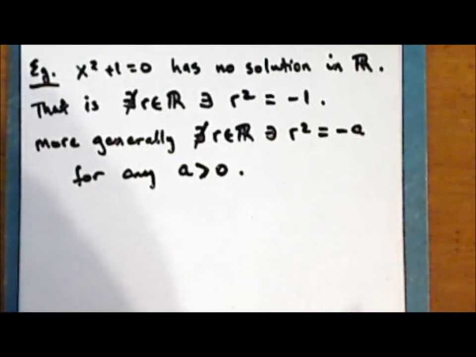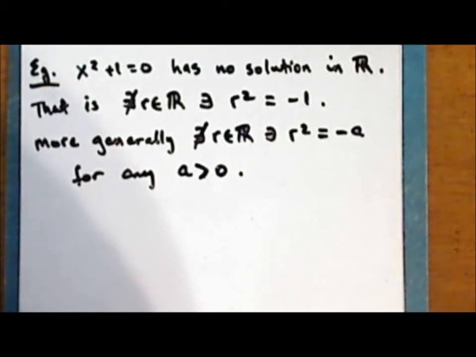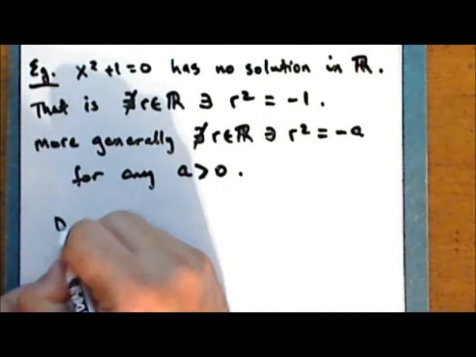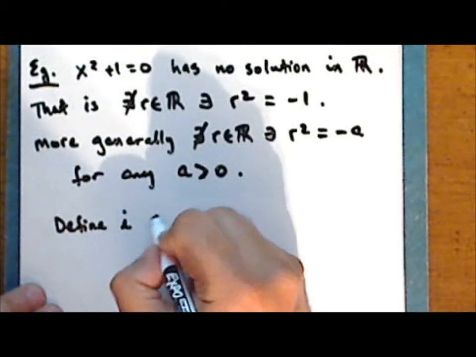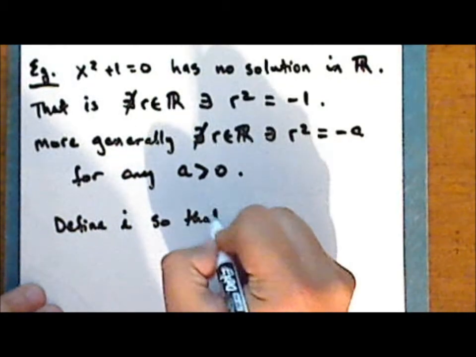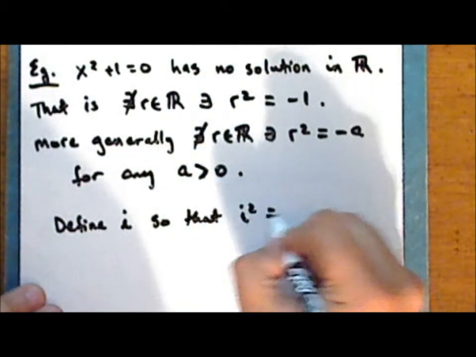And so in order to have a solution for equations of this form, we define the number I so that the square of I is equal to -1.